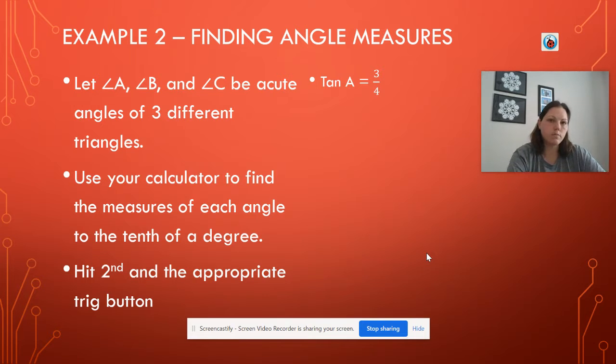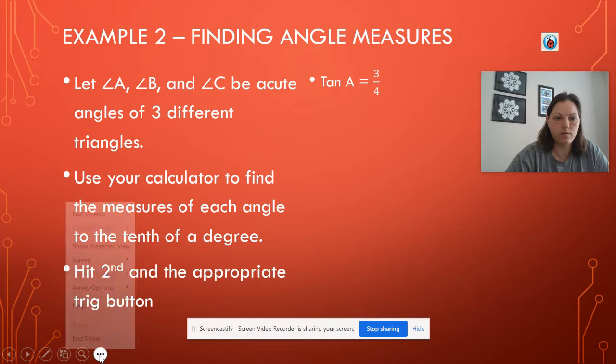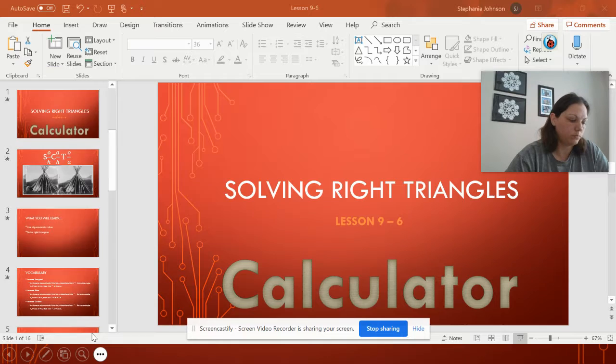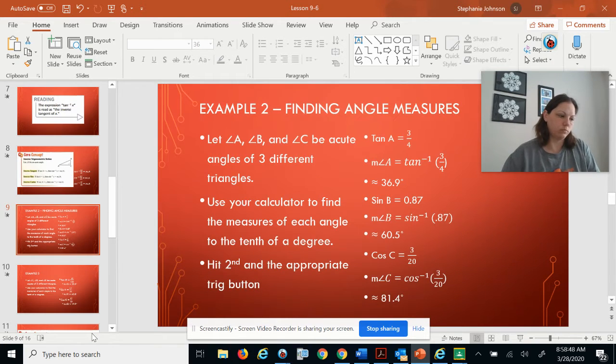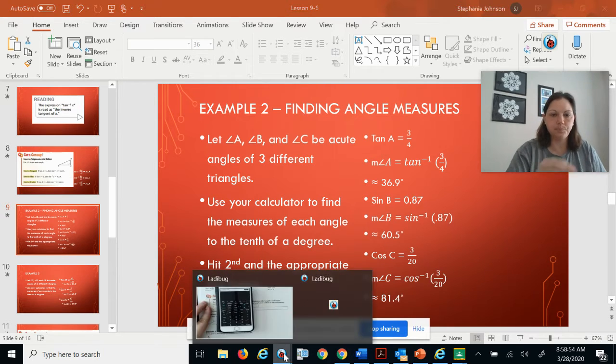So tan inverse of 3/4. I'm going to go to the document camera now.